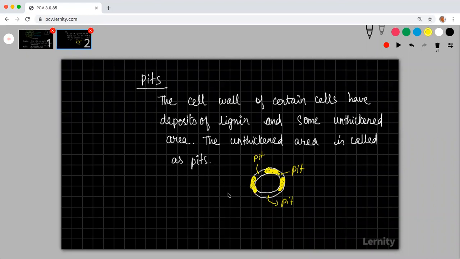So this is a lignin thickening caused by lignin. It is not unempty areas, it is the empty area.